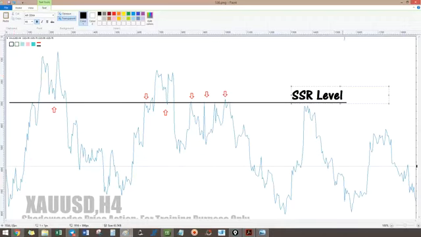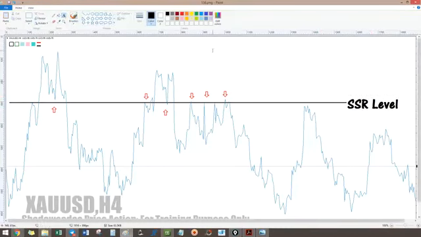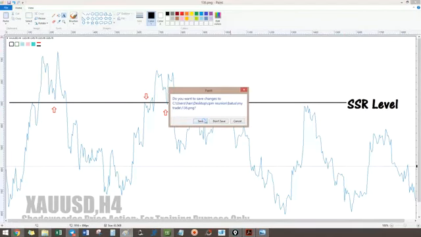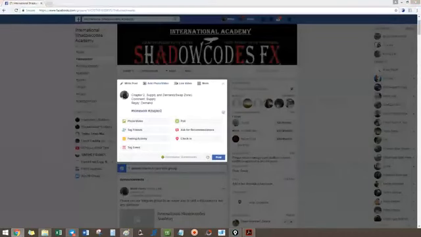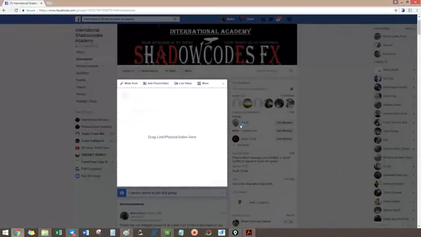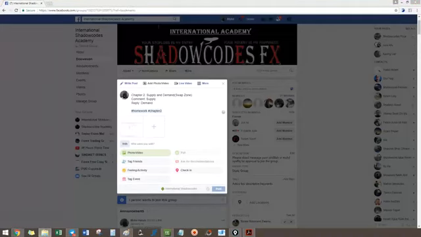First we mark this as SSR level. Right, this is our SSR level. Save as picture. Then the high liquidity zone.